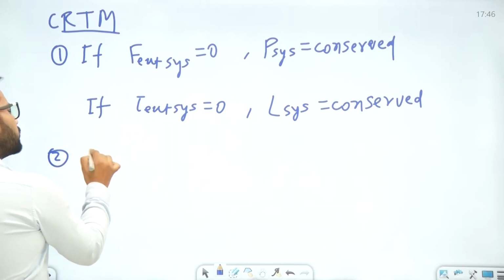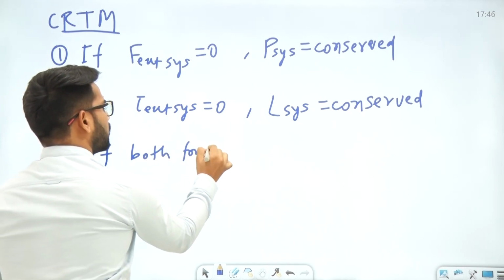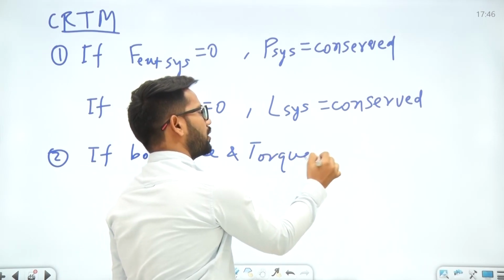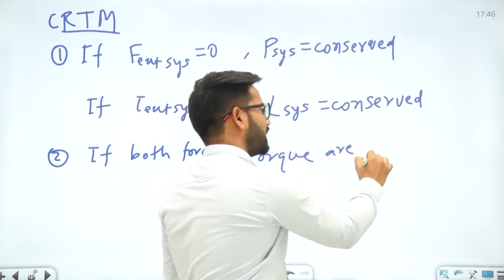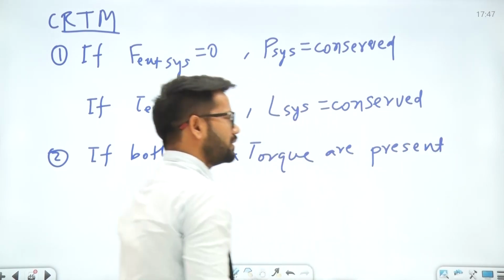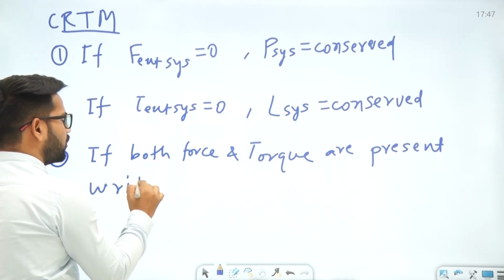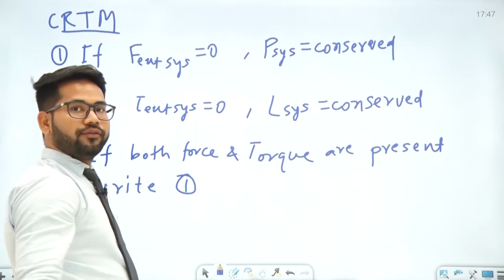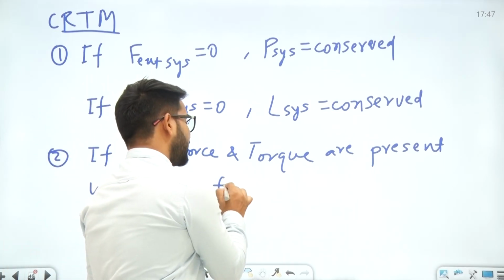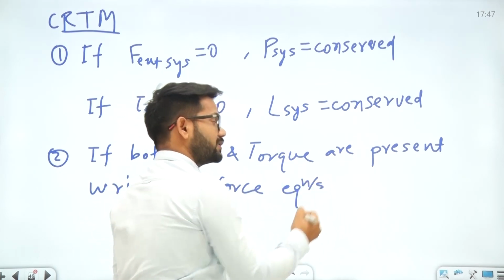Now if both are present, if both force and torque are present, then what's the idea? You have to write first, for translational motion, force equation or equations, right?